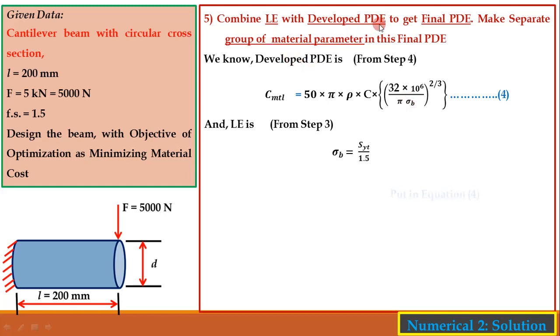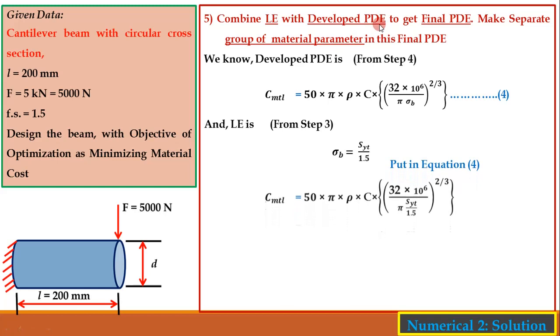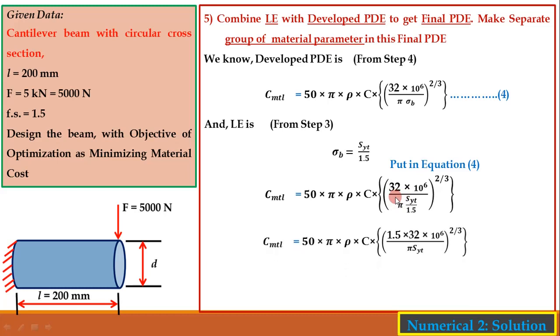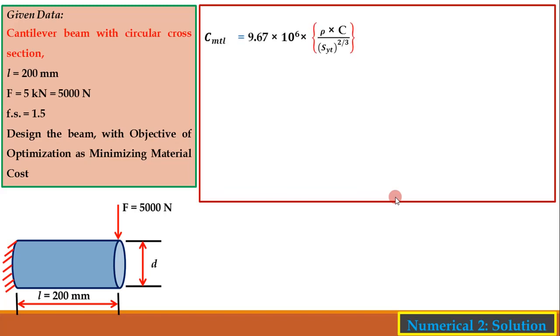So let us replace sigma B. We have replaced sigma B by SYT upon Fs here. SYT upon 1.5, we have written, since Fs is 1.5. Now let us simplify this. After simplification, we have to group the material parameters together.